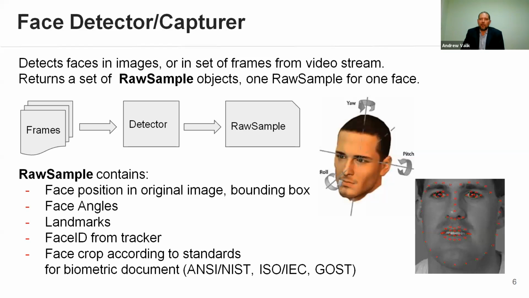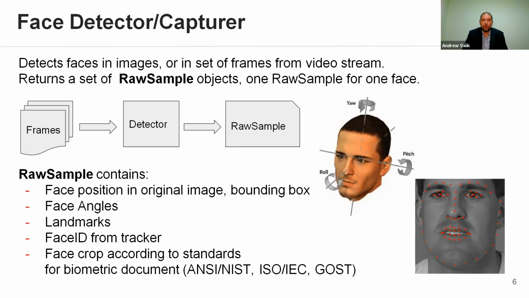Next, processing images or video streams begins with the face detector. You have to detect faces in a frame, an image, or a set of frames. This functionality is provided by the face detector object, or capture, as we call it. It detects faces and returns a raw sample object, one raw sample object per face.